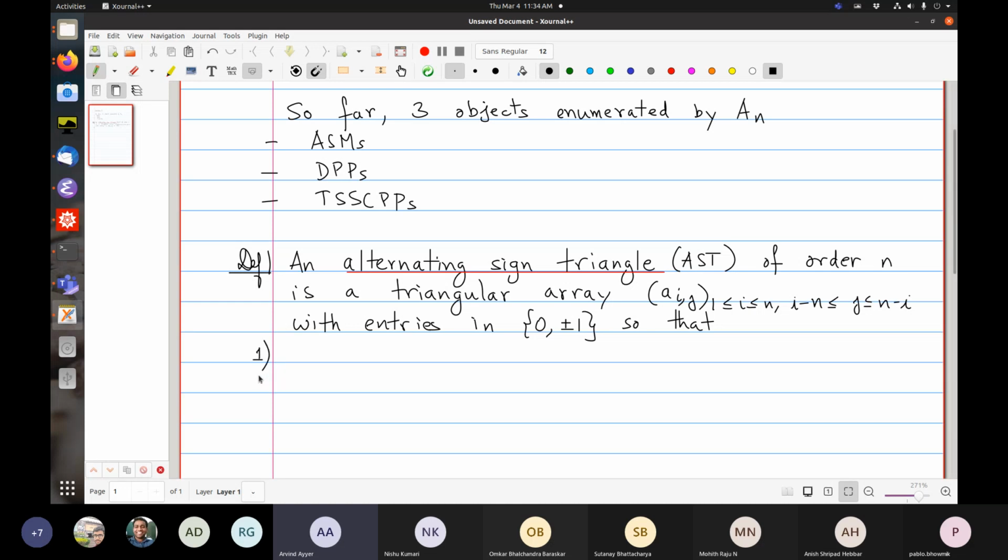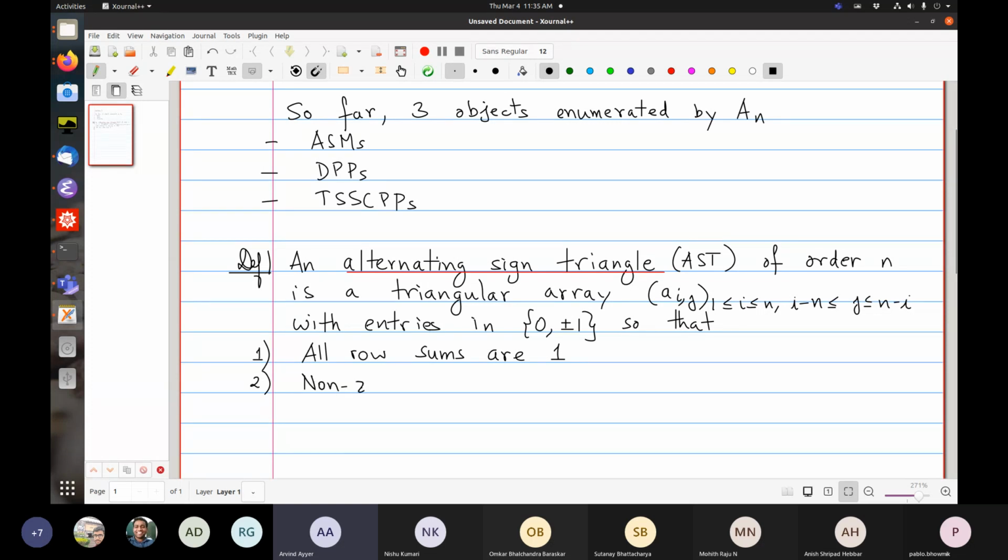The conditions are similar to those of alternating sign matrices. All row sums are 1. Here you of course lose the symmetry between rows and columns, unlike ASMs.